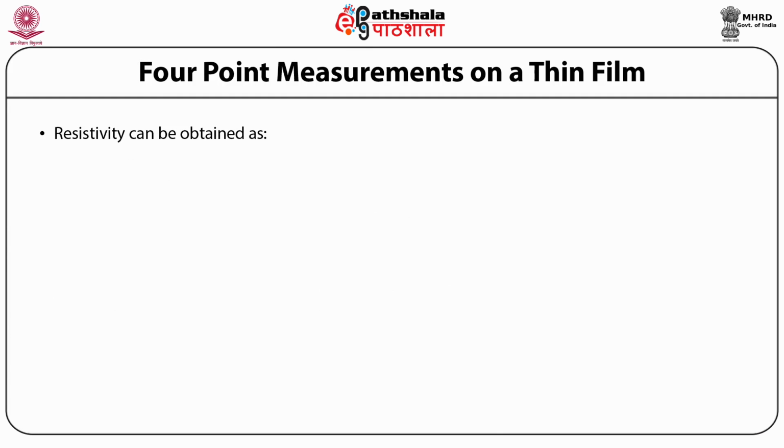Thus, the resistivity can be obtained as ρ equals 4πt times V43 divided by I12, times (L31 minus L32 minus L41 plus L42) raised to the power minus 1.